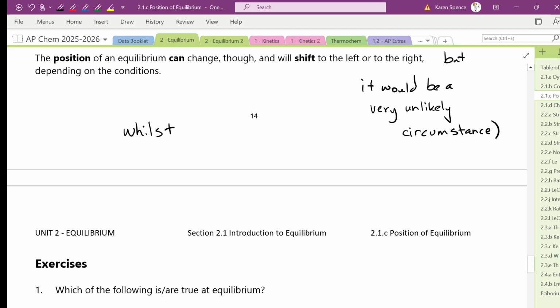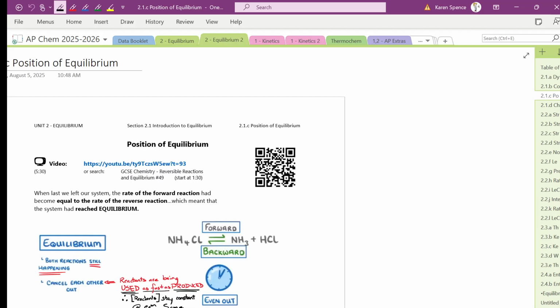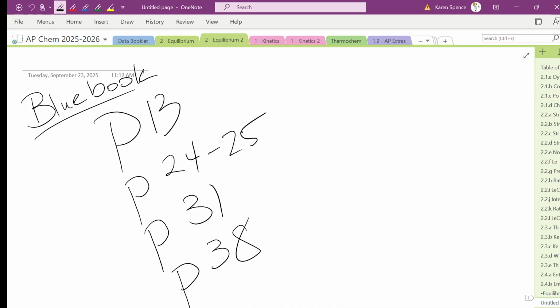All right, and that is it for that. Your homework, which you can work on for the next 15 minutes, is in the blue book: page 13, pages 24, 25, page 31, and page 38.